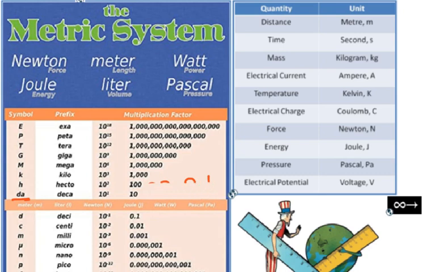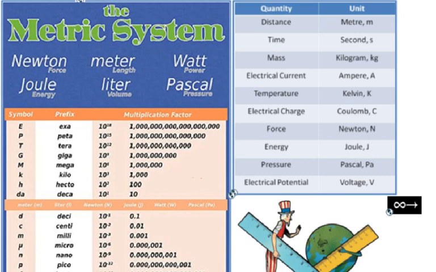If you had 200, I could use hecta. Hecta stands for 10 to the second, so that is 2 hecta. H stands for 10 to the second. I will know that that is 2 times 10 to the second, or 200.